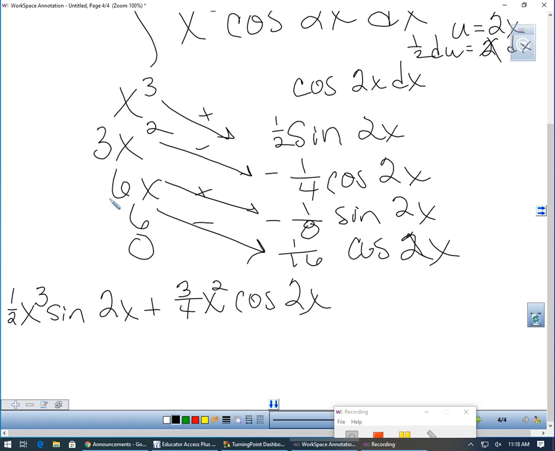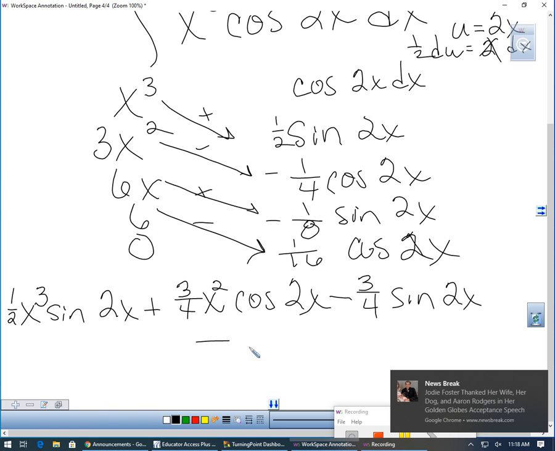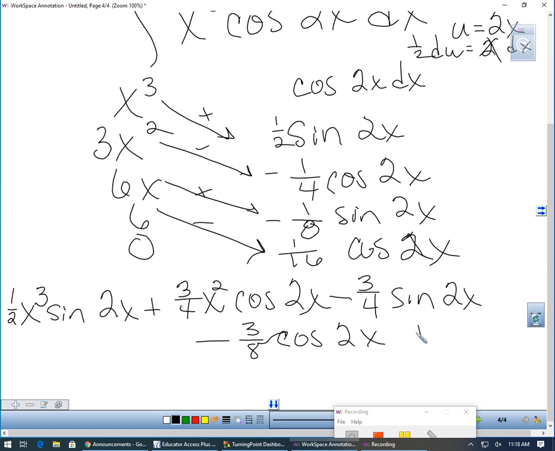So then we have 6x times negative 1/8 is going to be a negative 6/8, or 3/4 sine 2x, minus, I'm going to have to go to the next line here, 6 times 1/16, or 3/8 cosine 2x plus c.